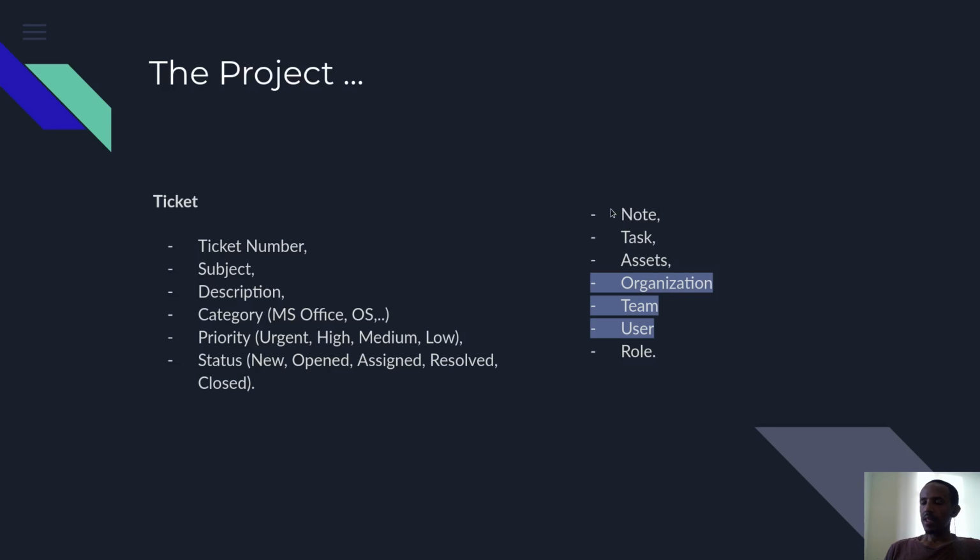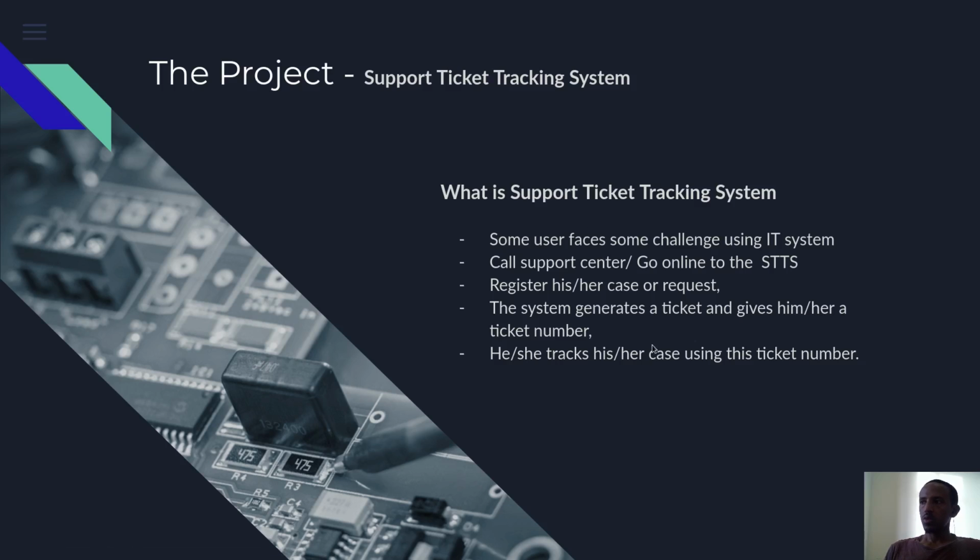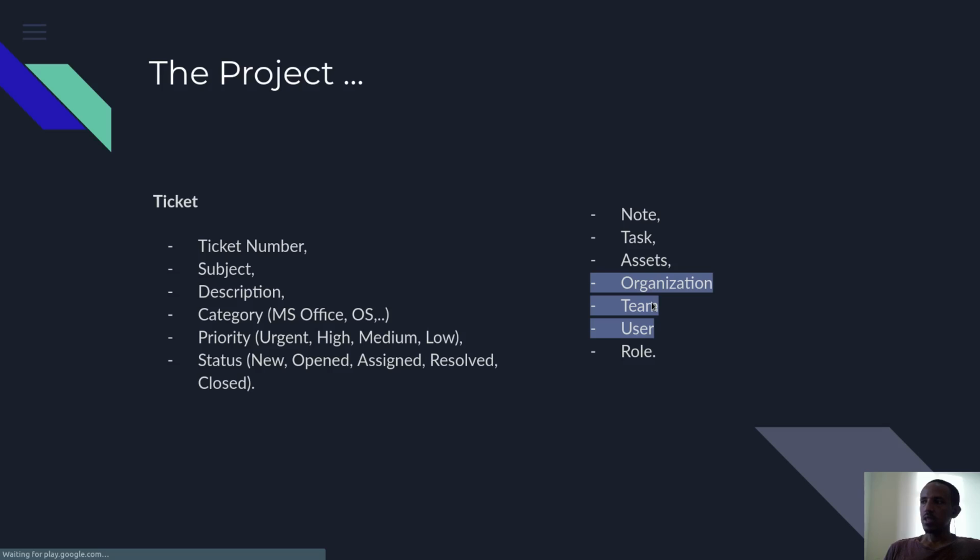The IT person who is assigned could write a note to solve this and could break down the request into tasks. The request represented by a ticket has a ticket number, and it has a subject. Mike is writing, I just bought a laptop, but I couldn't use it because of this. That is a subject.